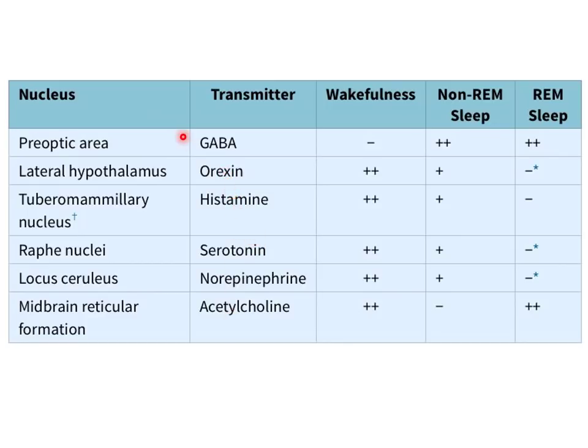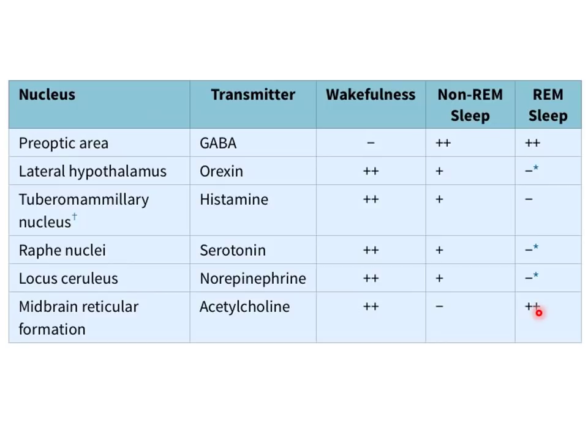Orexin, histamine involved in hunger, histamine involved in activation, serotonin, norepinephrine, and acetylcholine, all increased in activity during wakefulness. Interestingly, the acetylcholine system involving the midbrain reticular formation is also very active in REM sleep.